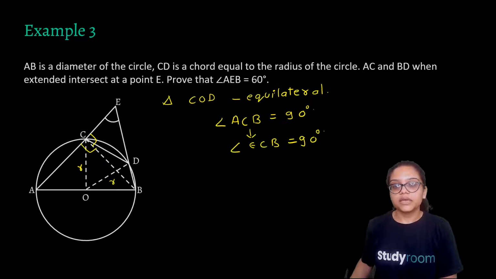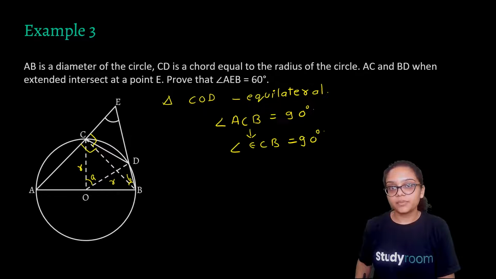Correct? Now, just pay your full attention here, to this angle. This chord CD subtends an angle at the center, which is A, and an angle at the remaining part, which is B. And we have already learned the property that the angle subtended by the same chord at the center is double that at the remaining part. So angle A would be equal to 2B.